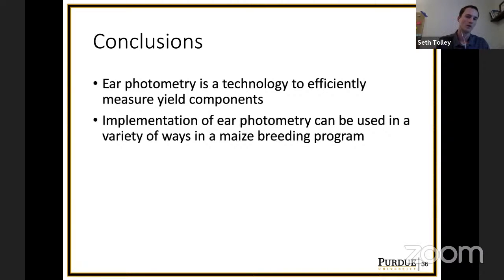First the overall ear size would be determined, and then you would determine the kernels per ear, then kernel weight. So depending on when the stress was actually hitting the plants, you would be seeing different phenotypes just because of when the stress was hitting. So in this study, we're having the stress hit the plants right about at flowering.